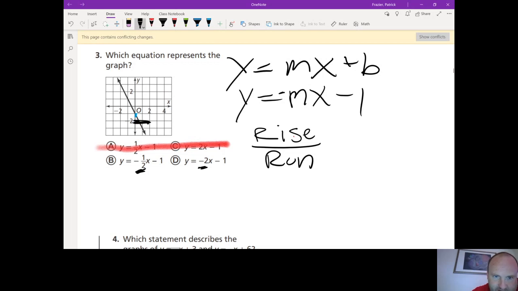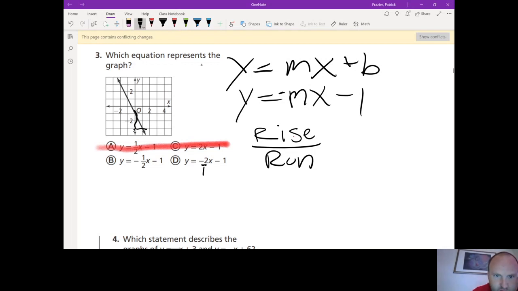That's not a value there. We're not on that point, so that doesn't make sense. -2 would be we go down 2 and then over 1, because -2 is really -2 over 1.